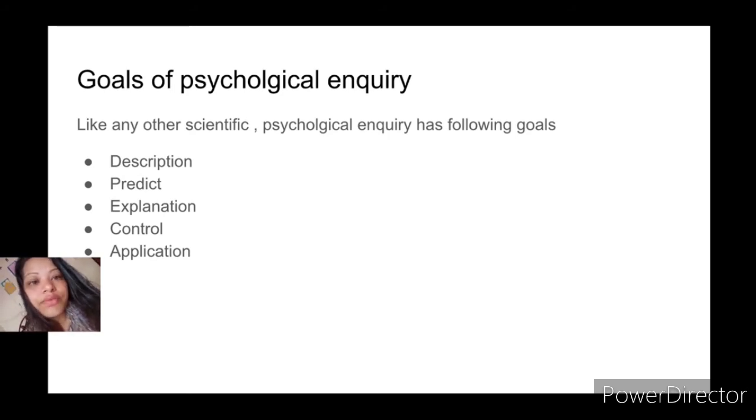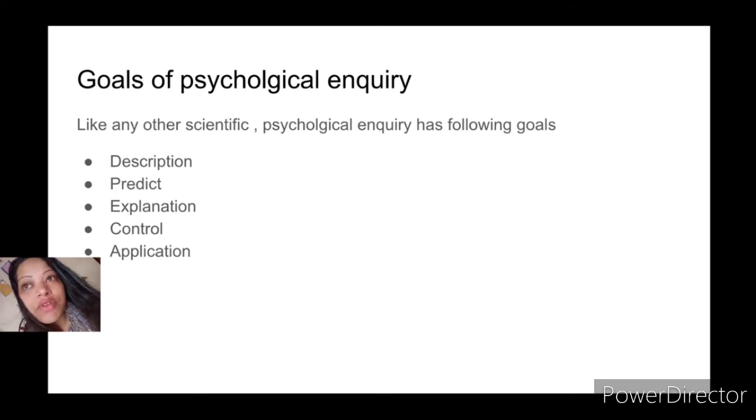Then prediction. I didn't write the full spelling, sorry. So prediction is something, see, if I am a teacher of psychology, I'll come to know who are the students who are giving 100%, who are the students who are studying for 12 hours, 10 hours. So I can make a prediction that maybe this student will do well in the exam because he or she is spending much time on the exam.